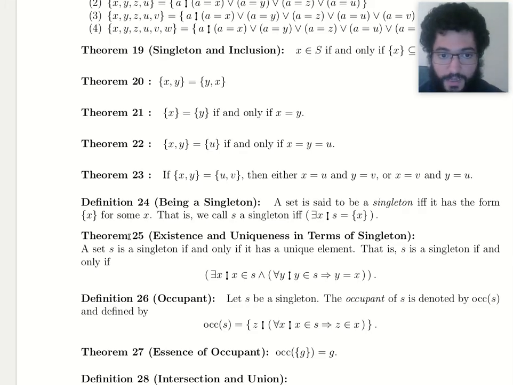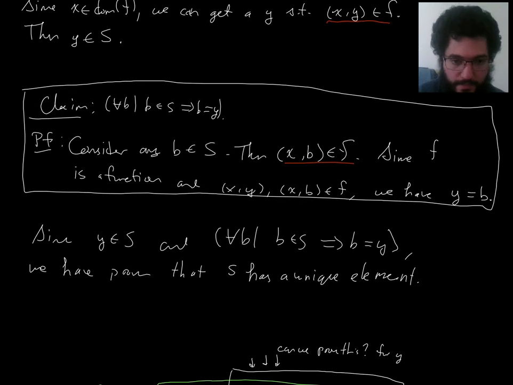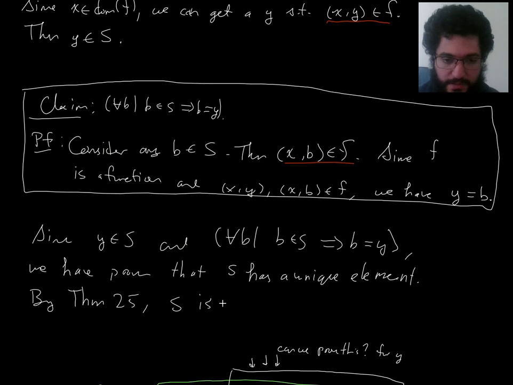Therefore, by theorem 25, it is a singleton. Remember, being a singleton is not defined to be having a unique element. Being a singleton is defined to be, you can be written in this form, but theorem 25 links the two ideas. So by theorem 25, S is a singleton.